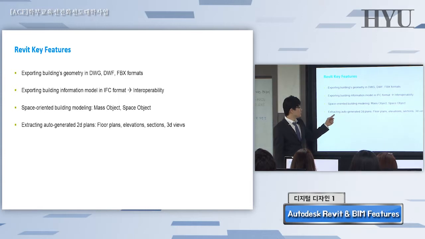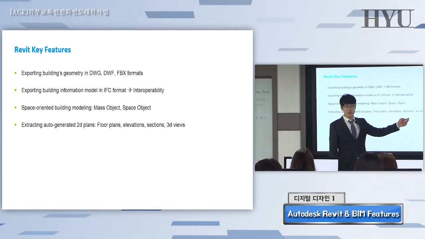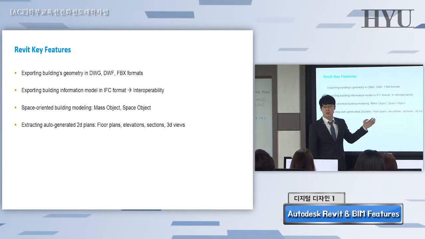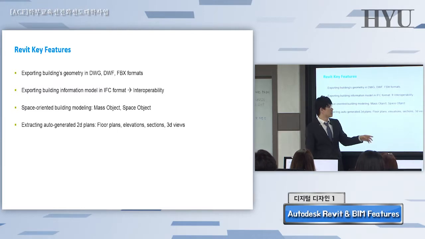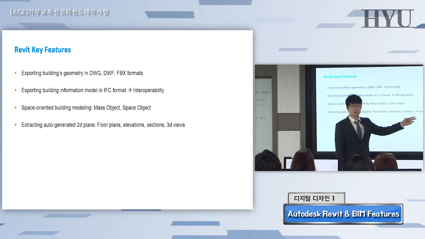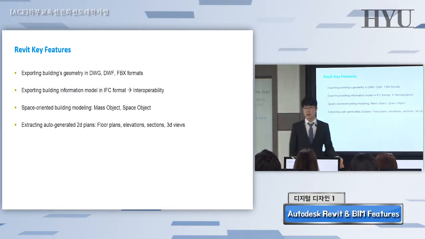And there are many auto-generated 2D plans. What if you want to generate elevations, sections, and formalized symbols in architecture? Revit is going to generate them automatically. What you need to do is model something in any one floor plan view mode, and then all the others are going to be auto-generated, okay?